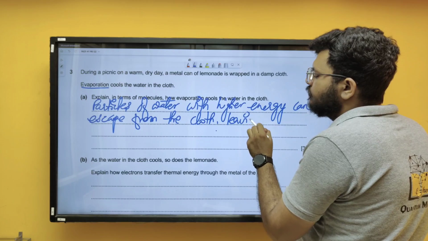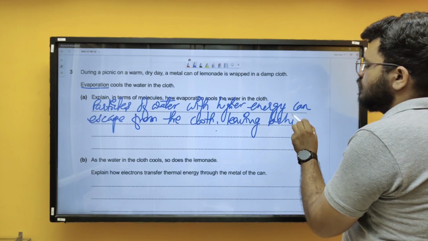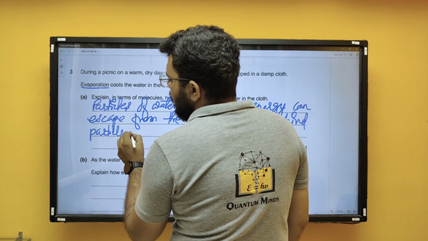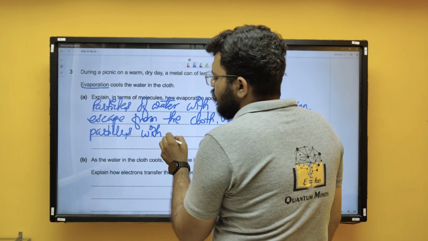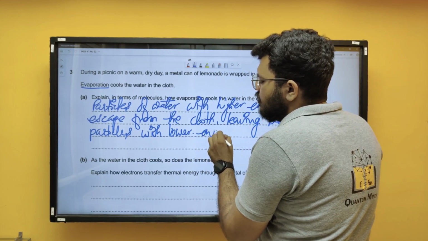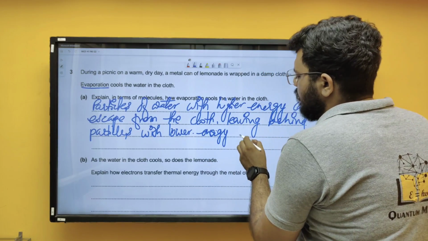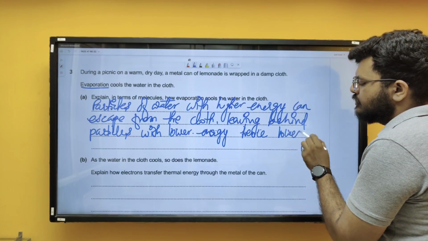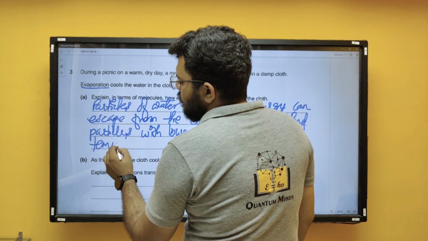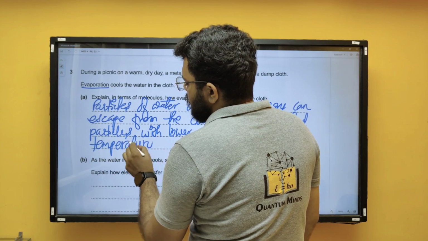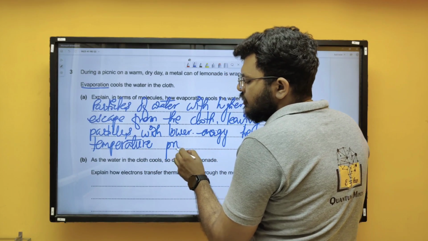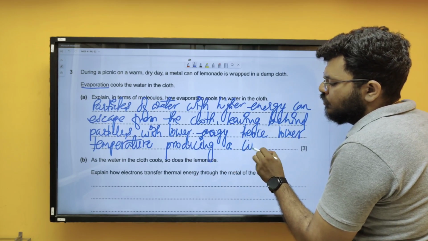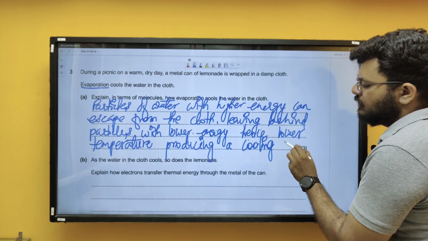leaving behind particles with lower energy, hence lower temperature, reducing a cooling effect.